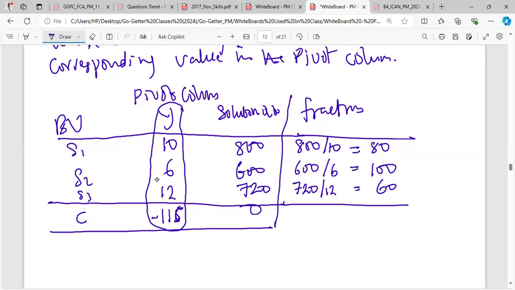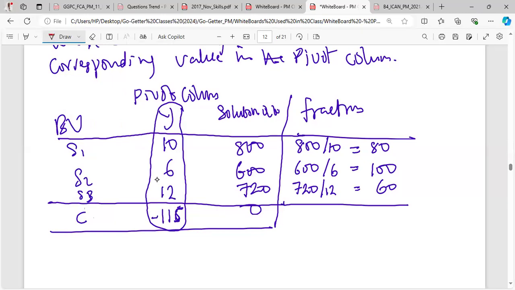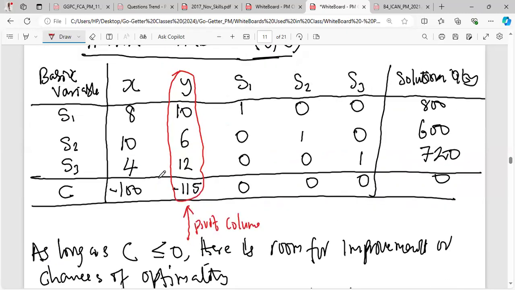And we said the lowest positive is the pivot row. So it means that this family of Y will replace the family of S3. So that's what we are trying to achieve here.